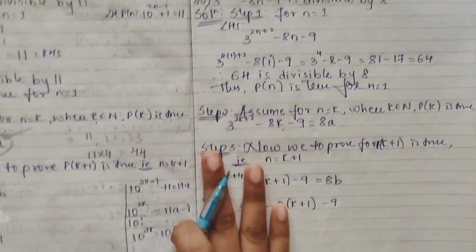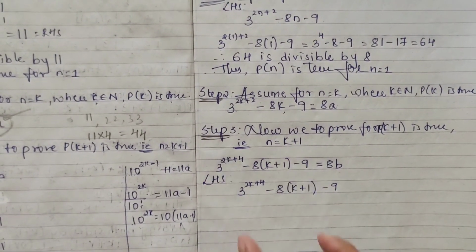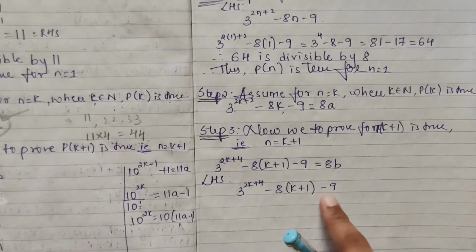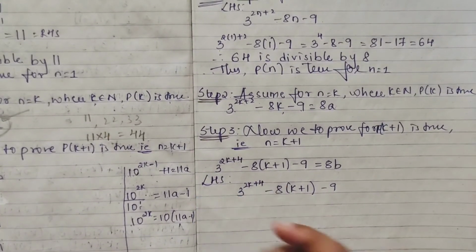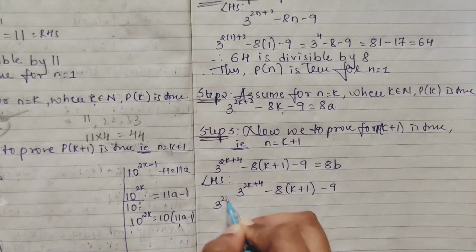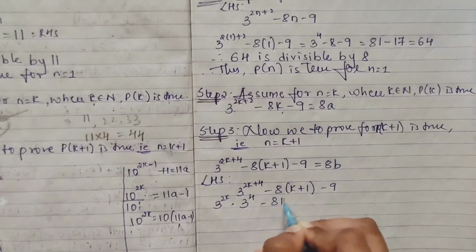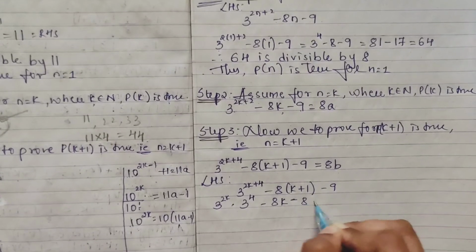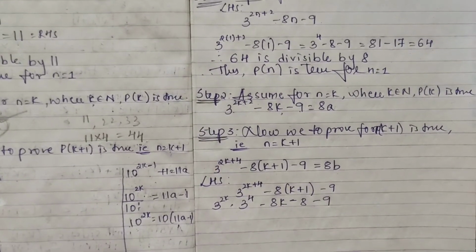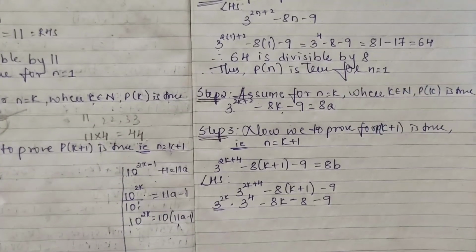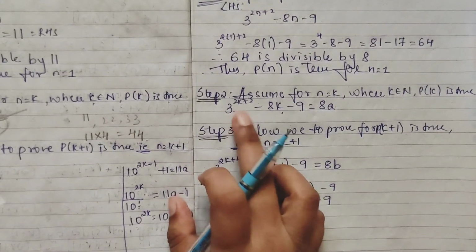Now after this, we will consider our LHS part. So we are taking 3 raised to 2k plus 4 minus 8 of k plus 1 minus 9. We are breaking this, right? We will do 3 raised to 2k into 3 raised to 4, minus, multiplying this out, 8k minus 8 minus 9. Now, we have to get the value of 3 raised to 2k from our step 2.